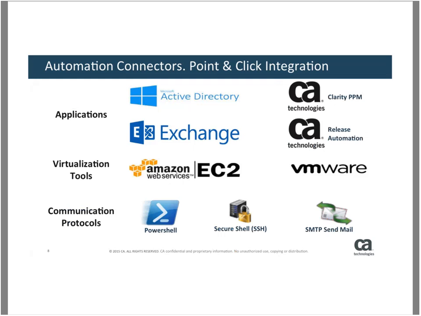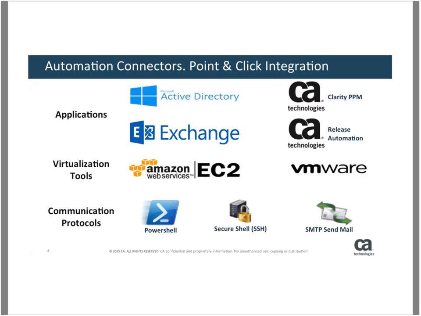Okay. Next on to more on automation. So out of the box, if you're not familiar with our automation module today, it's really powerful and really exciting, and what's most important about it is it's so easy to use. So these are the out-of-the-box automation connectors that we provide. We provide integrations with Active Directory and Exchange, our own CA, Clarity PPM, and release automation software.